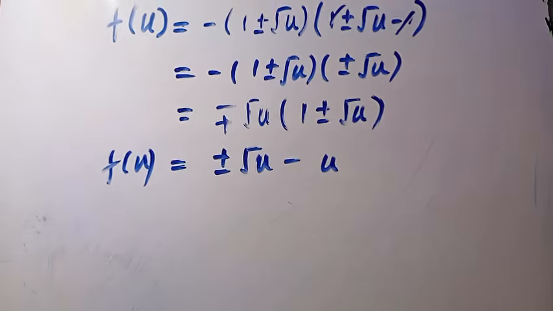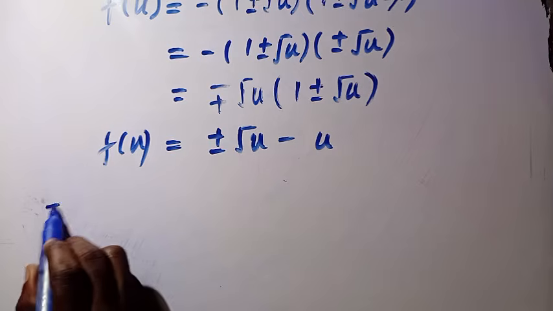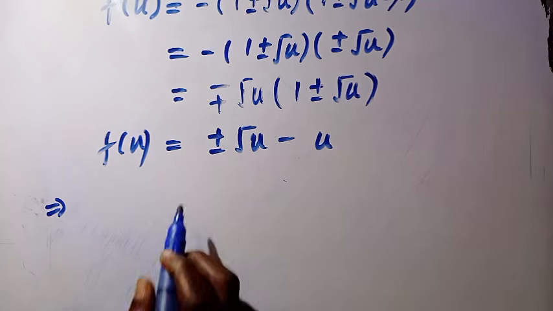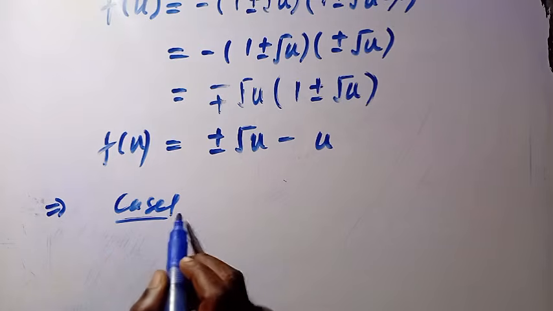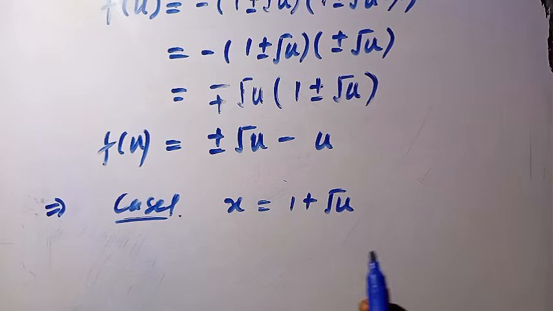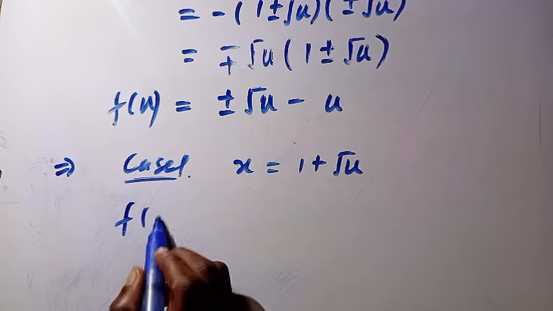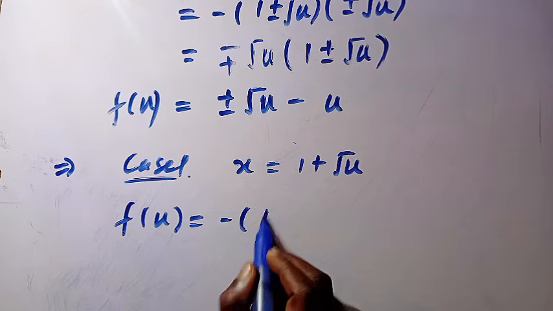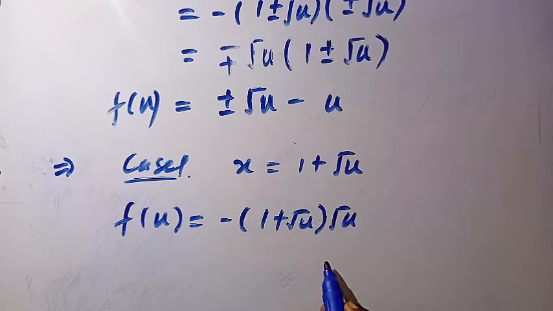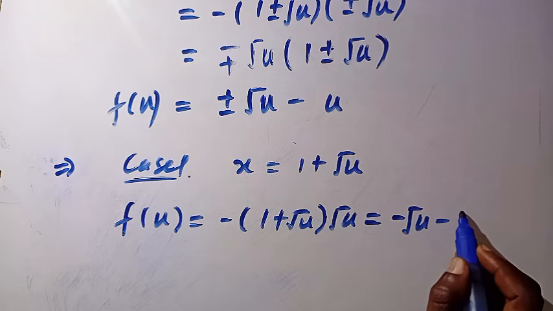Moving on, since this is what we get, consider step 4. There are two cases here. For case 1, if x equals 1 plus square root of u, then we substitute back: f of u equals minus open bracket 1 plus square root of u, then multiply by square root of u. The whole of this gives us minus square root of u minus u.